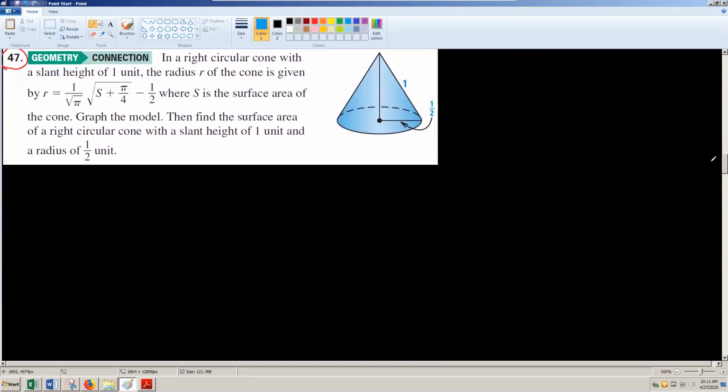So for 47 here, we're looking at a right circular cone. It's got slant height of 1, so it's telling us this edge right here. We're told that the radius here is 1/2.